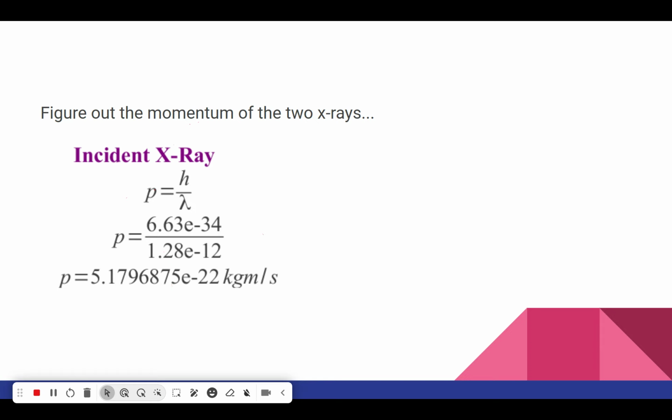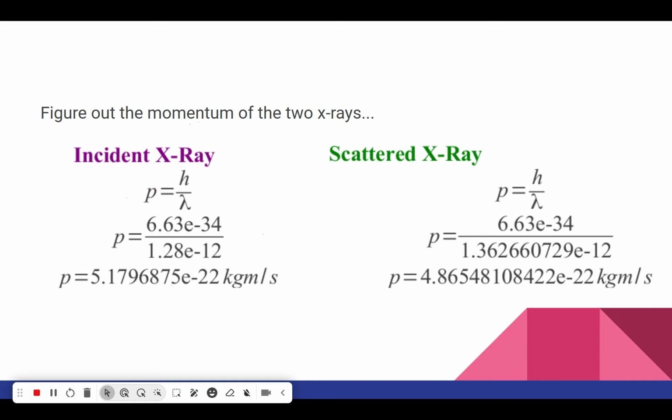I get a number, and I'm not going to do any rounding off because I'm about to do a bunch of 2D collision stuff. For the scattered X-ray, I do a similar calculation. This time I use the number that we just calculated on the previous slide for lambda scattered, the number on the bottom of that equation. And I get 4.865 and so on, times 10 to the negative 22 kilogram meters per second.